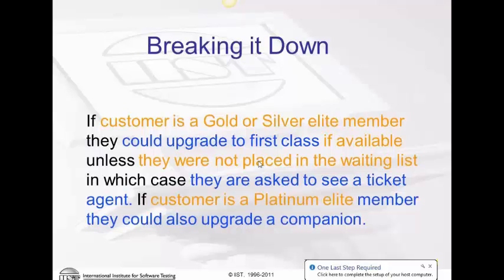And now if you look at the things I put in blue color, it's easy to know what those are. So the first one says the person could upgrade to first class. They are asked to see ticket agent. Or the member could upgrade the companion.